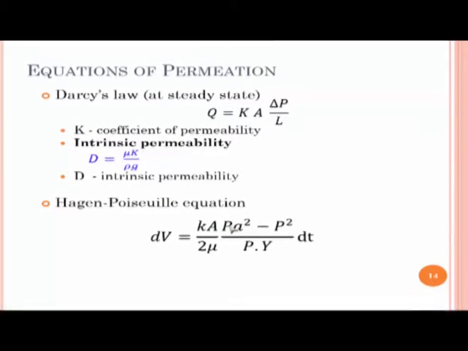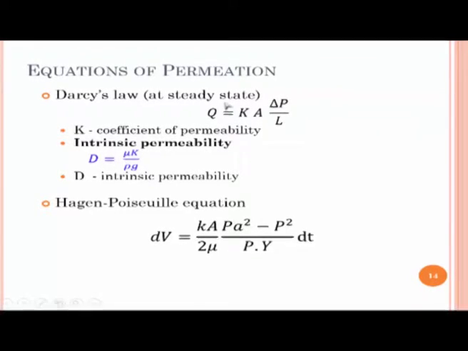So you all know this very well, that under a constant pressure head, permeability is governed essentially by Darcy's law. Darcy's law at steady state, please remember this is again steady state, we are talking about the state at which you get a constant flow of water at the other end, just like what we had in your constant head permeability measurement in sand. Okay.